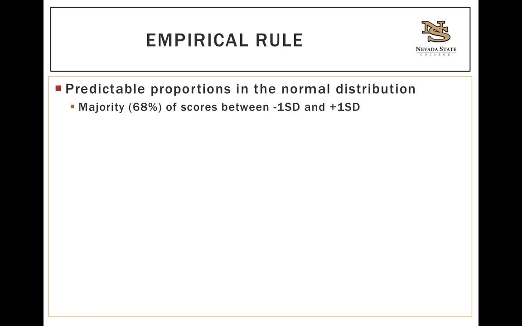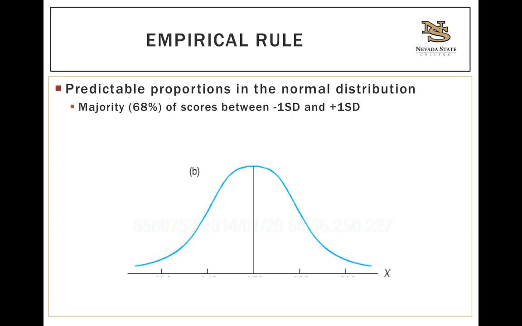So what we do know is that in a normal distribution, the majority, or 68% of your scores, are going to fall between one standard deviation below the mean and one standard deviation above the mean. So, for example, if we have this distribution here of a population, we could figure out the mean. And using the formulas that I just gave you, we can also figure out the standard deviation.